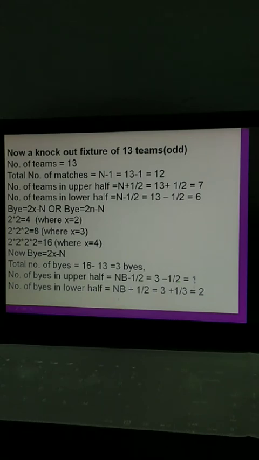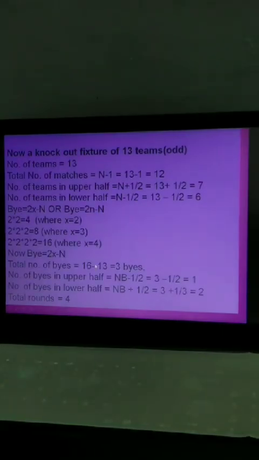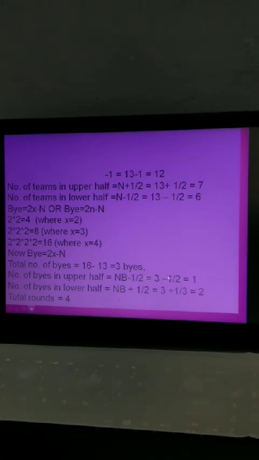So this we have to keep in mind. Then we go to the total number of rounds. Because x is 4, so 2 to the power 4, then total number of rounds are 4.